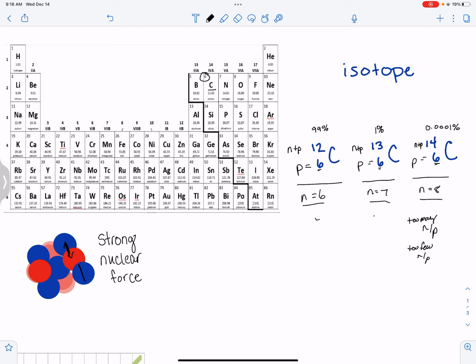So it's not a long distance, but it's super, super strong. And it's what holds everything together. And this is a big deal because these protons are very, very close to each other and they're positively charged. And so they just can't handle repulsion issues if they get too close. So we've got the neutrons in between, kind of helping to space out our positive charge a little bit. But there is always that tension.